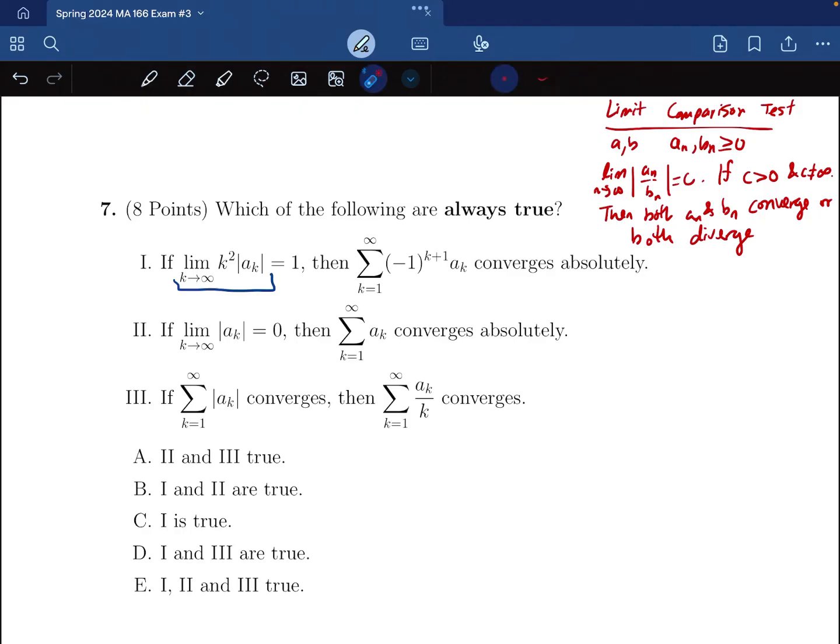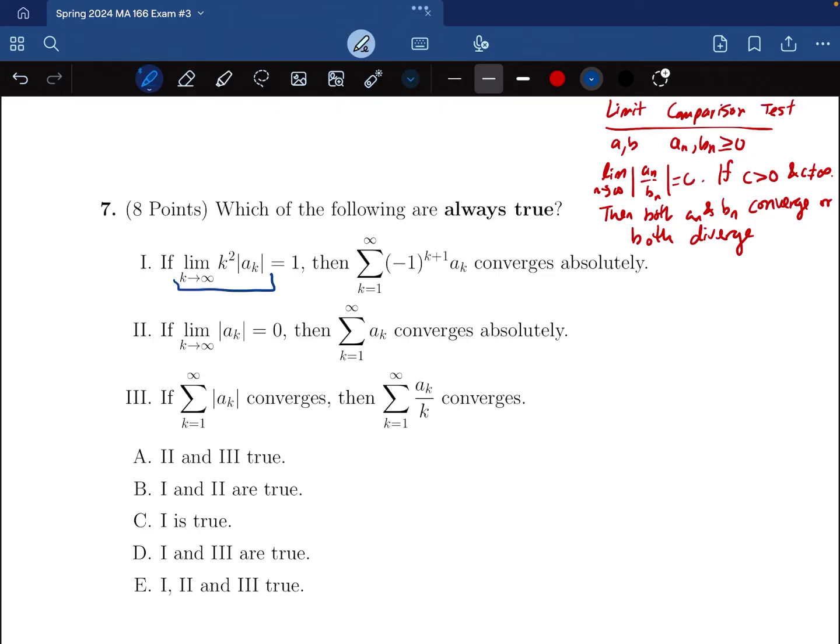So you might be thinking now, though, that here we have the ratio of two terms. However, in the limit given to us in statement 1, there's no dividing. We have k squared times the absolute value of a_k. Okay, so what we can do is rearrange the expression inside the limit.